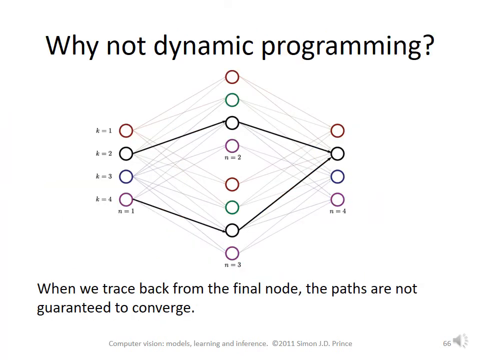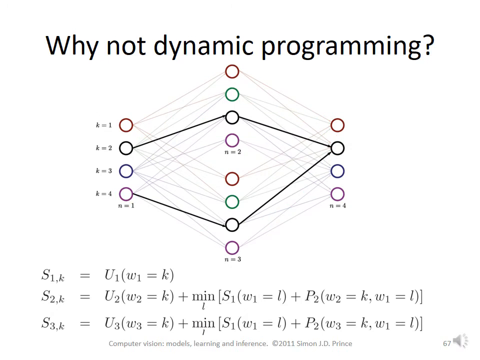Well, we could try using dynamic programming as we did previously. So we initialize on the left, work our way across, figure out what the lowest cost was, and then repeat the same process to make sure we go through the other node. But then if you see what would happen if we did that, we would walk all the way across to the far right and maybe get lucky and conclude that this particular state for W4 is the best for both branches.